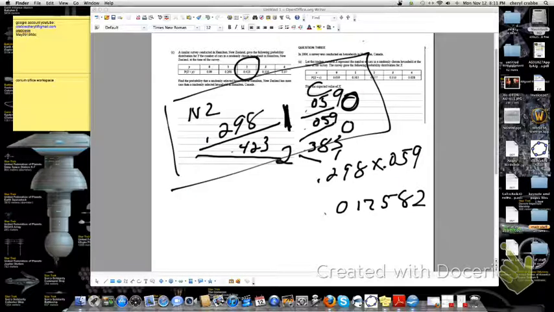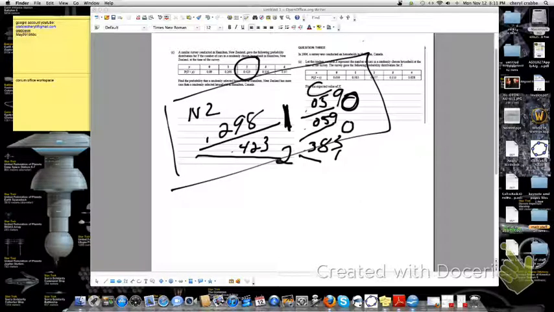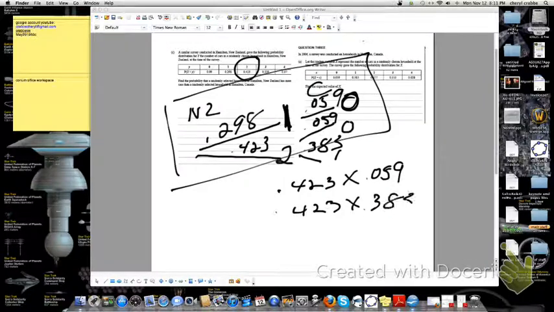Okay, so now we have 0.423 times 0.059, and 0.423 times 0.383, and then you would add those together, and I don't think that works.